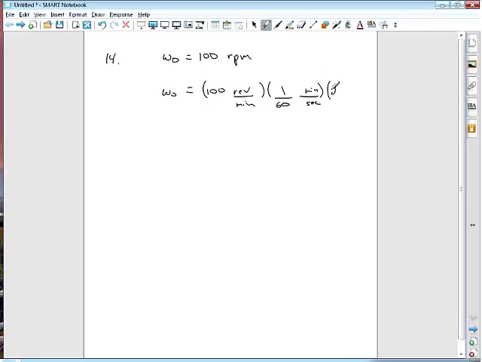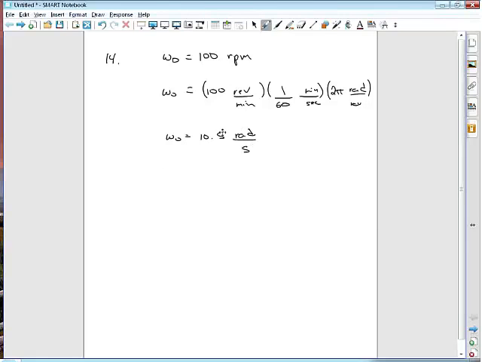So that means 2 pi has to go on the other side in the numerator. So it's 2 pi radians per revolution. So radians per second are less than revolutions per minute. That's one thing we can kind of remember. So we have 100 divided by 60 times 2 times pi. So we have 10.5 radians per second.